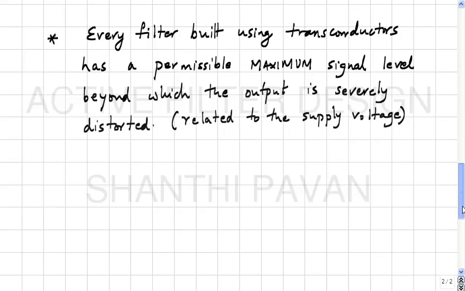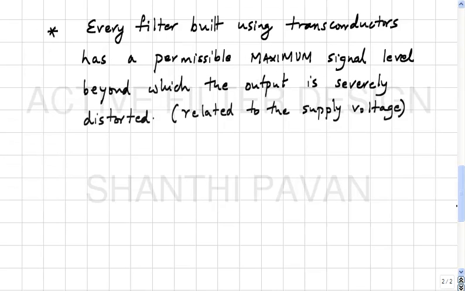Please note that this is in contrast to a passive filter, where only inductors and capacitors were used. They are fundamentally linear elements. So in principle, you would be able to put as large a signal as you want, and get this filtering action without any distortion for very, very large signals.